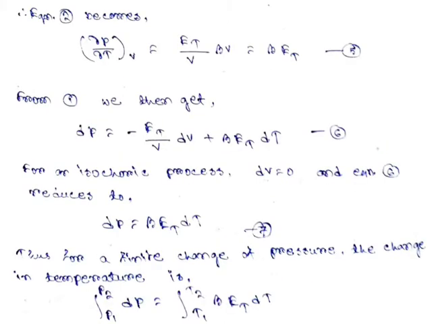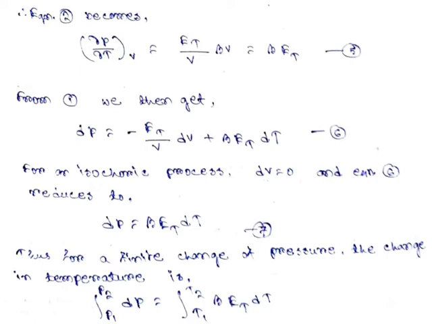Now using the definitions of beta and ET, we can write del P del T at constant V equal to beta into ET. Then equation 1 becomes dP equal to minus ET by V dV plus beta ET dT. Now for an isochoric process, change of volume dV is equal to 0, and this equation becomes dP is equal to beta ET dT.